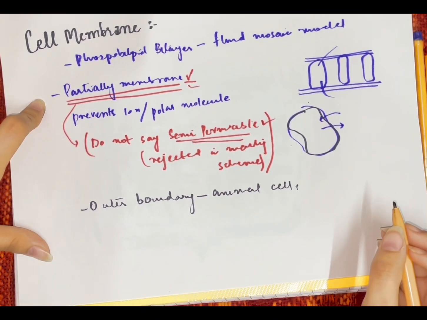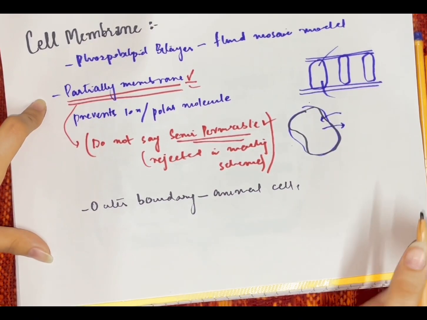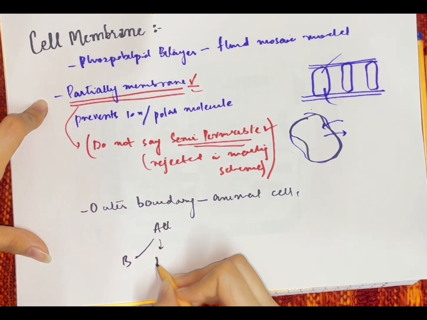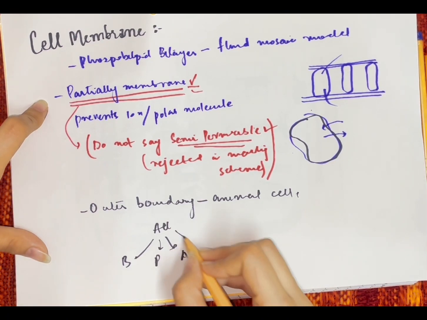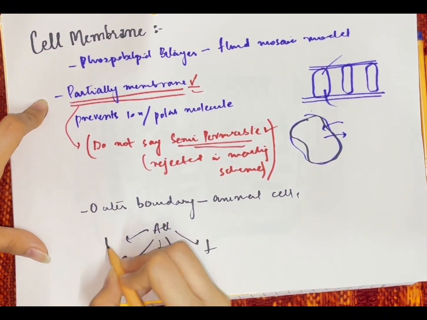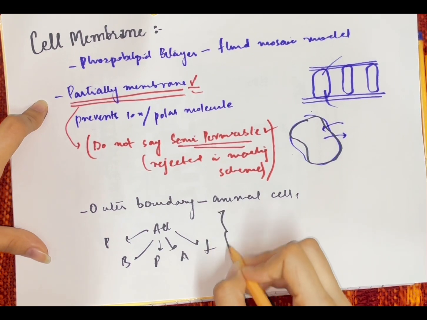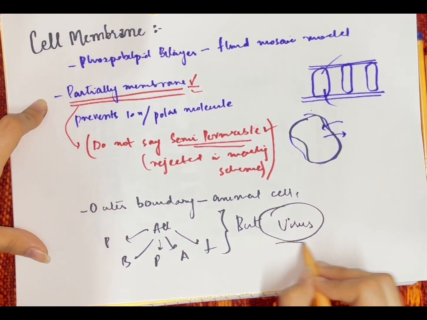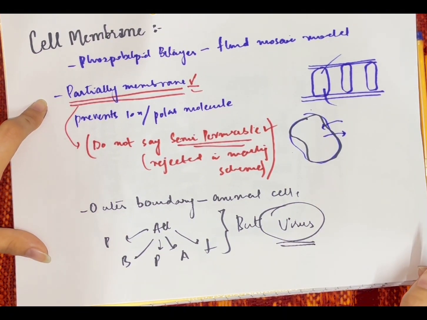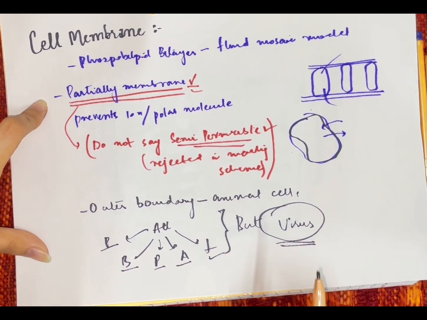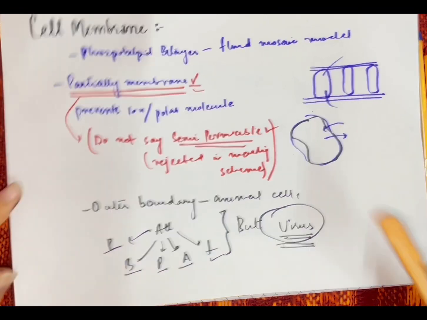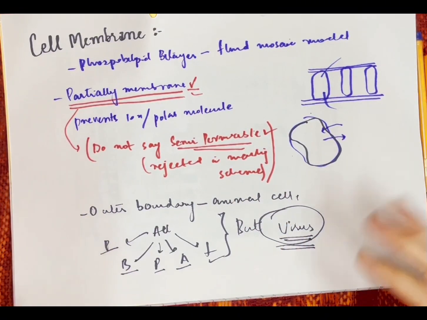The cell membrane is present in all organisms, and by all I mean it is present in bacteria, plants, animals, fungi, and also protozoans. But it is not present in a virus. The cell membrane is lacking in a virus. That's all about the cell membrane. We will be discussing more organelles in the upcoming videos.